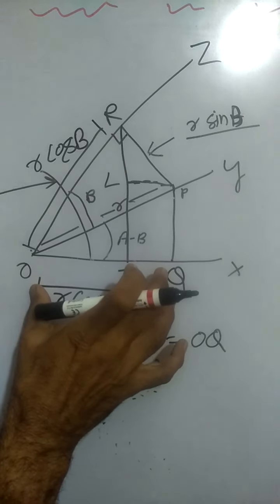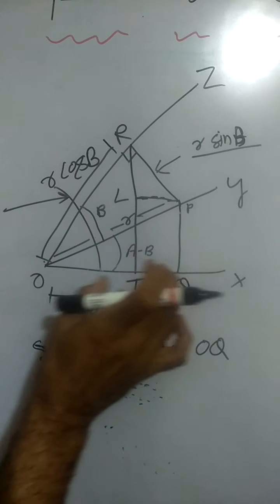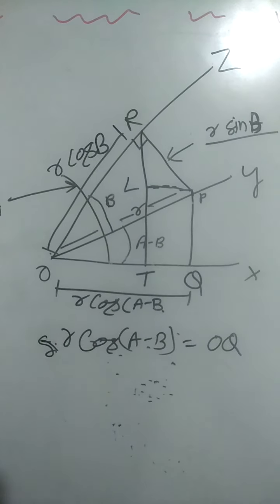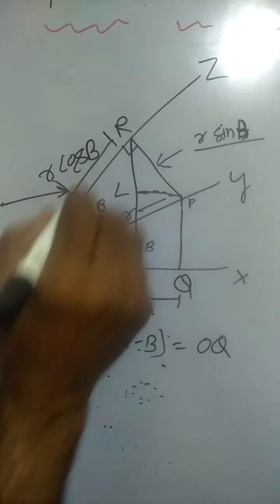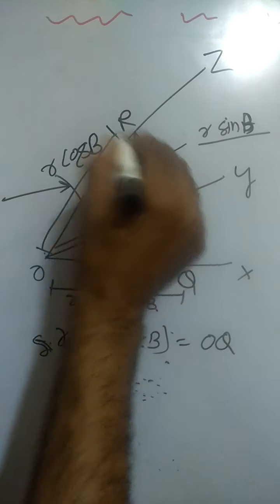So this is equal to this plus this, that is, OQ is equal to OT plus TQ, and TQ is equal to LP. So we have to find the value of LP, and first of all we need to know what this angle is.